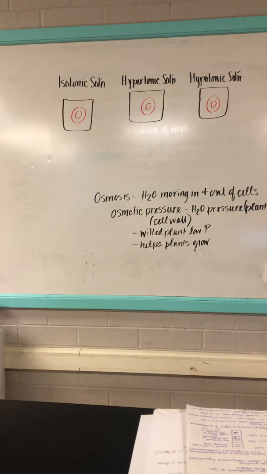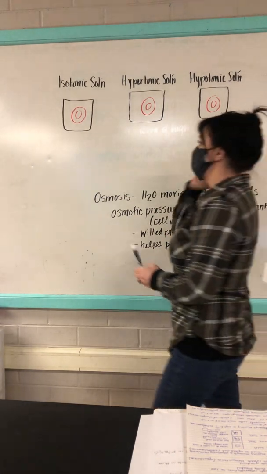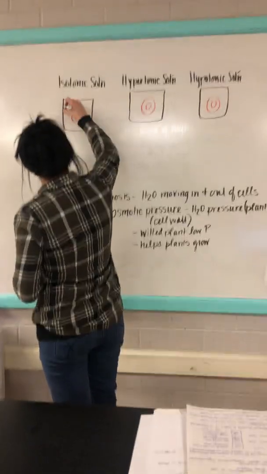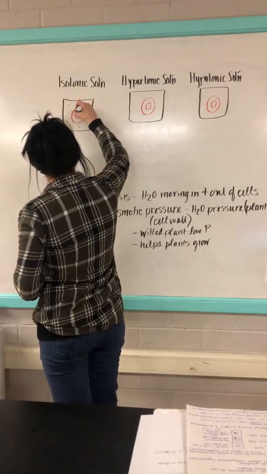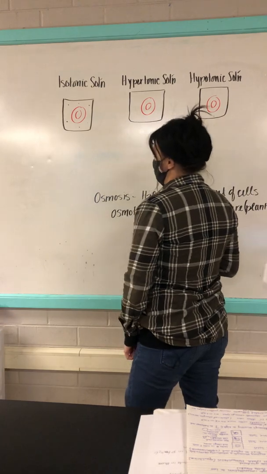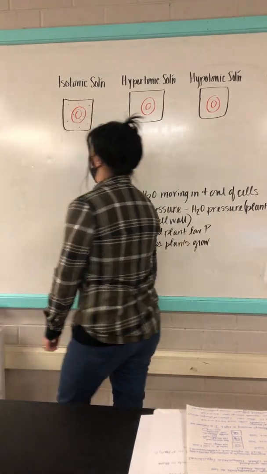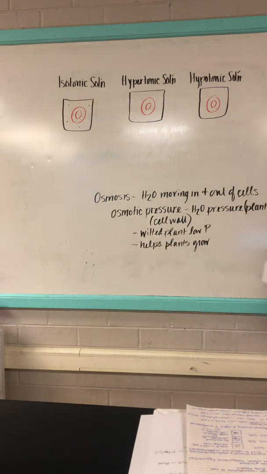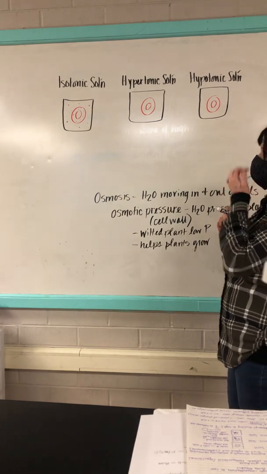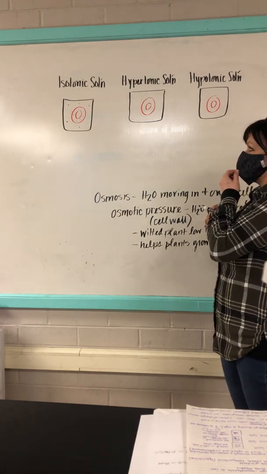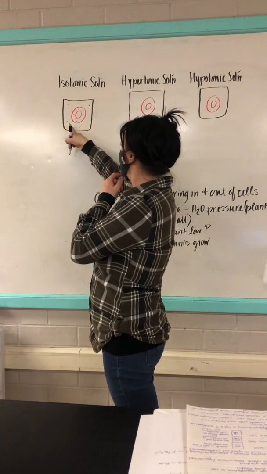All right, isotonic. This is going to have some solute. That's what I'm showing with this in the solution. And it's going to have some solute in the blood cell. Solute, we're just going to say like salt, okay? So we're just going to say this is salt in it. That's our solute. So we have 6 molecules of salt here.